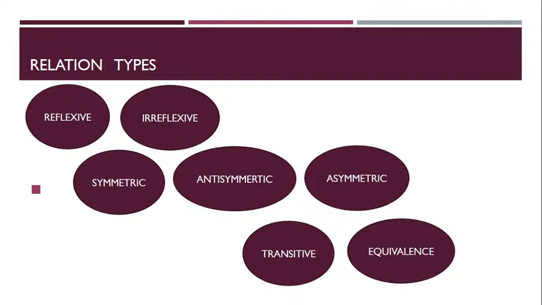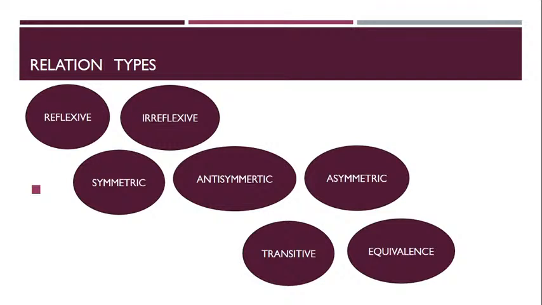Equivalence is actually a combination of certain relations which are already present previously. Equivalence is a combination of three. So let's start with reflexive, and we'll complete the class with equivalence today.